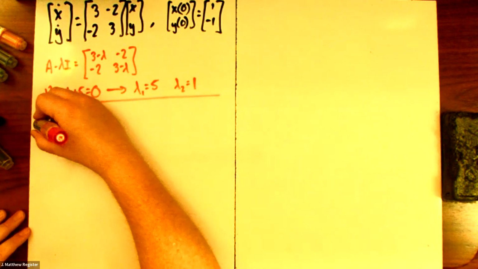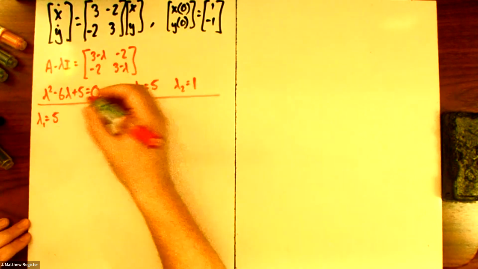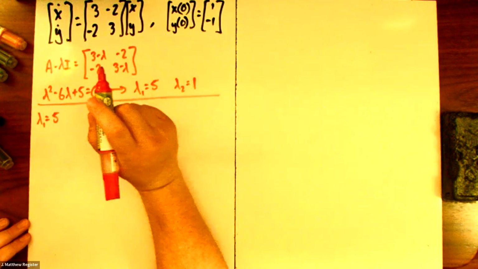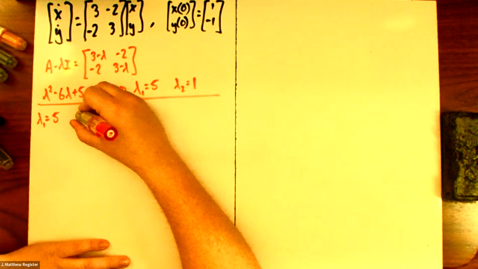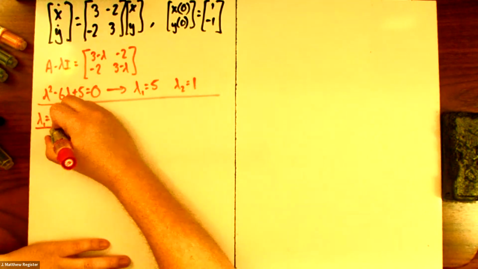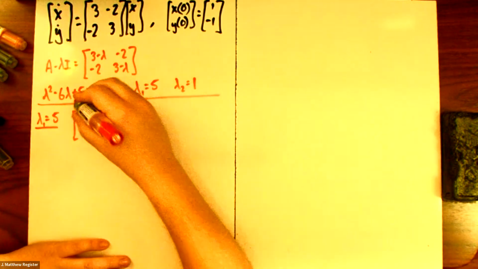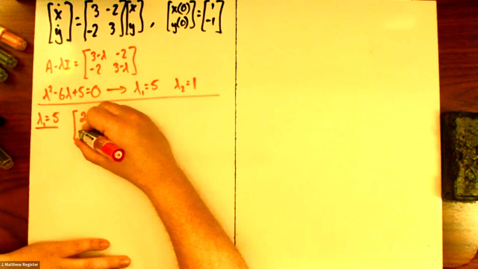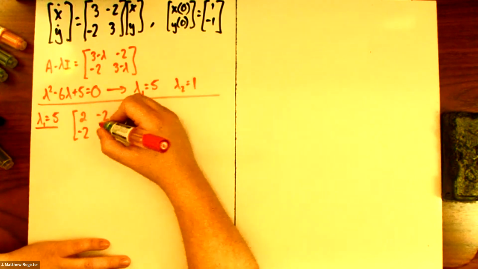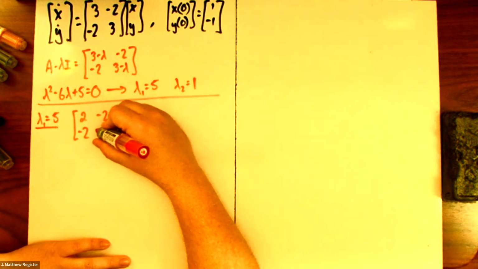But once we have that, we can use our eigenvalue 1, which is 5, and we can create the corresponding matrix. And so the corresponding matrix for the first eigenvalue is going to be given by 3 minus 5, which is -2, -2, -2, and then 3 minus 5 is -2. Oh, wait, -2.